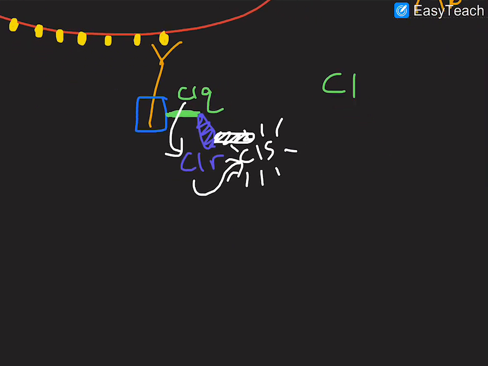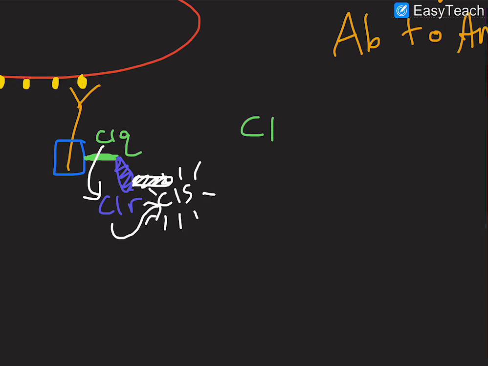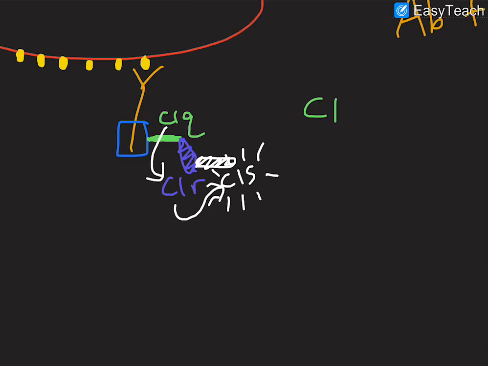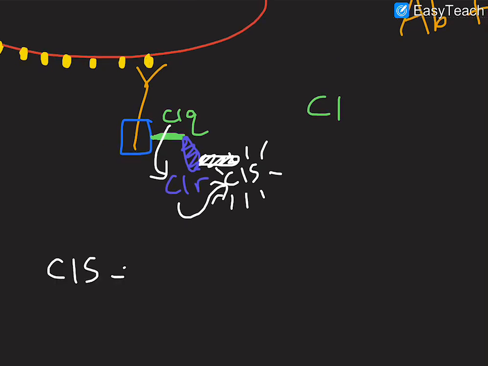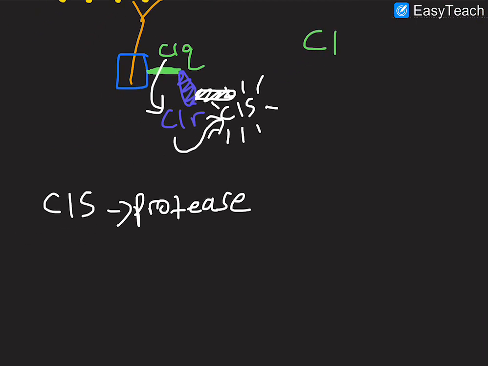Now that we have C1s activated, C4 is going to come into play. We said C1s is the protease, so C4 is going to be activated by C1s. Let's see how this works.